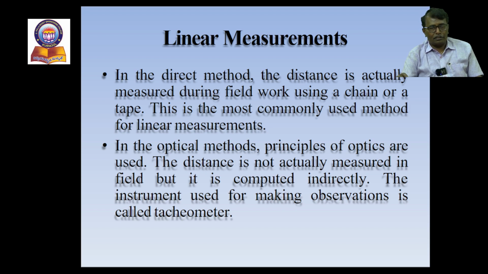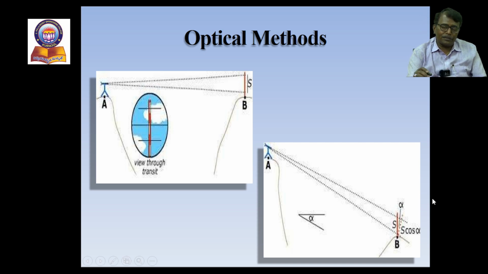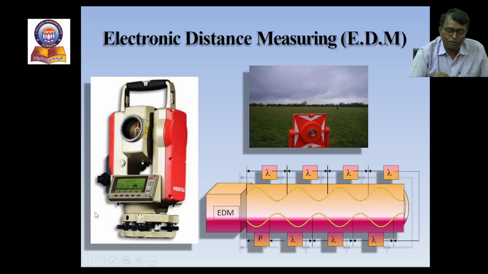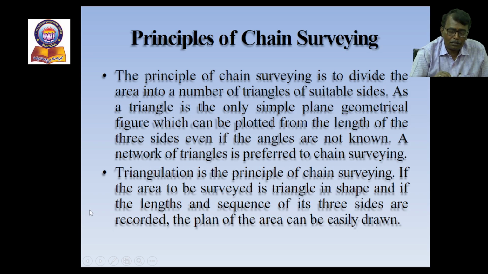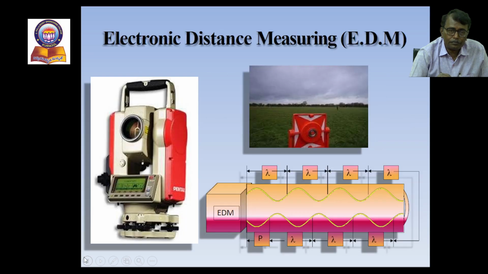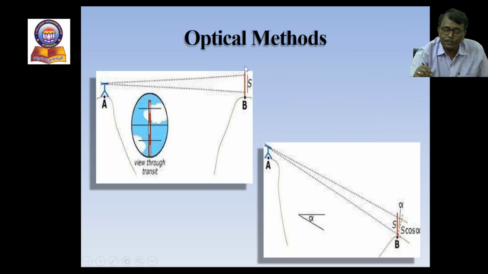The third method is the optical method, in which principles of optics are used. The distance is not actually measured in the field, but computed indirectly. The instrument used for making observations is called a tacheometer. Most probably a theodolite may be used as a tacheometer. This is an optical instrument. Here the distance is computed from the staff intercept, the S value.